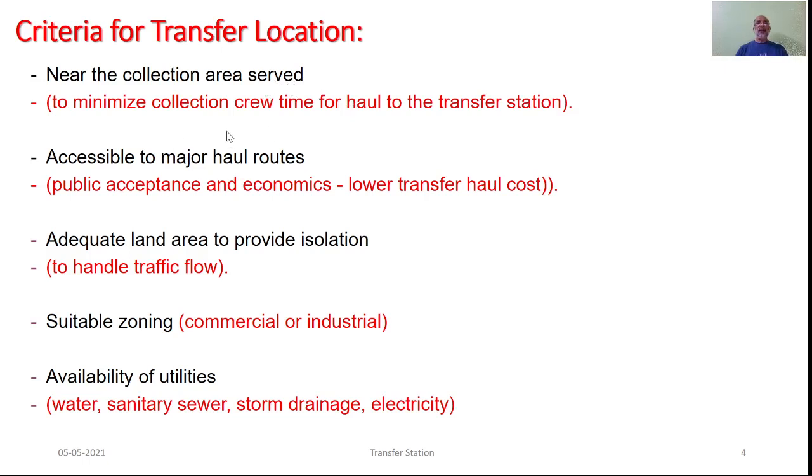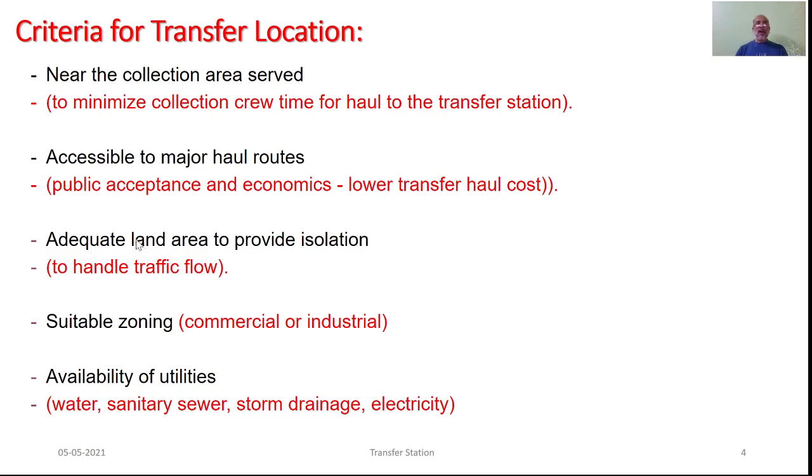This will minimize the collection crew time for haul to the transfer station. It should be accessible to the major haul routes. Here we wish to have the transfer hauling cost reduced.